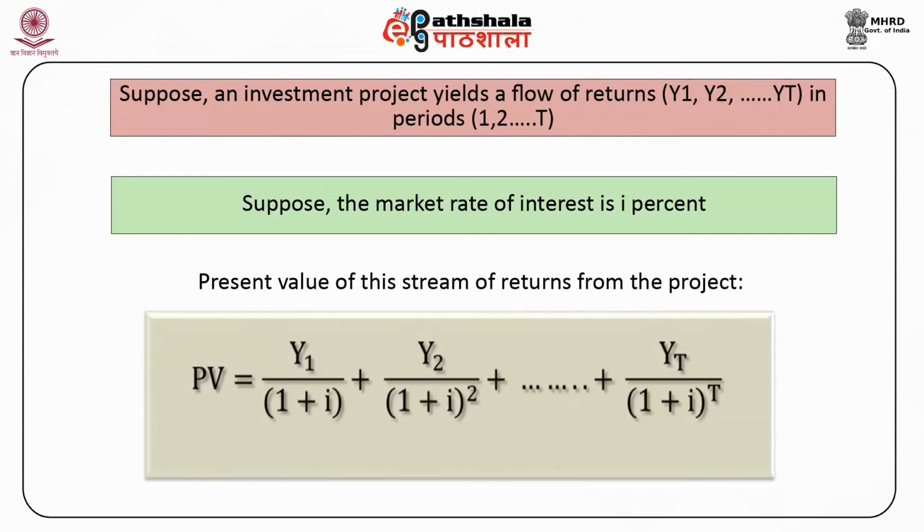Present value is equal to y1 upon 1 plus I plus y2 upon 1 plus I to the power 2 plus so on till yt upon 1 plus I to the power t.